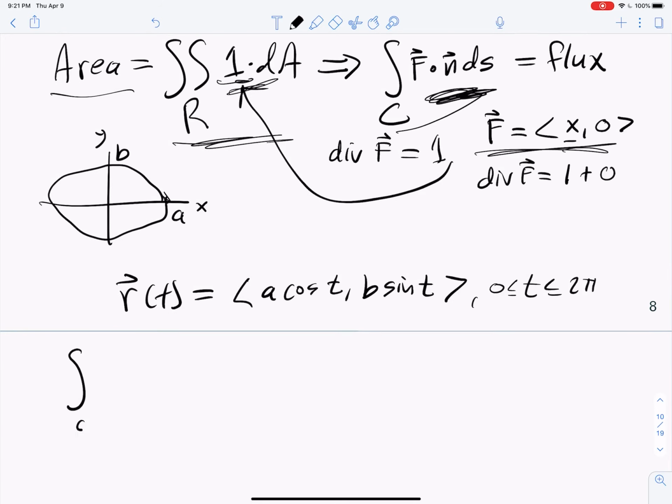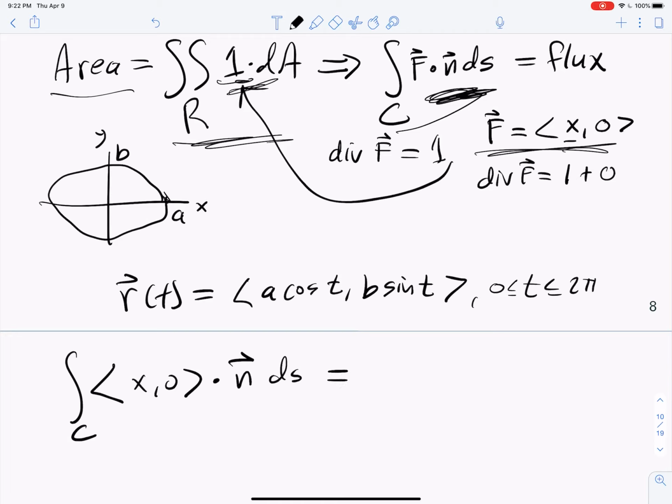So we'll have a line integral from 0 to 2 pi. And we'll take our vector field F, which is x, 0. We will dot that with the normal vector, and then ds here. Well, this isn't quite right. We probably should keep everything over the curve here.